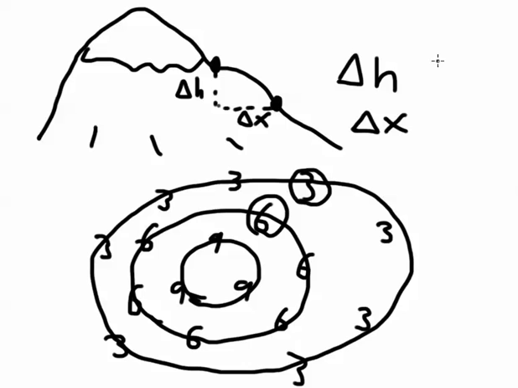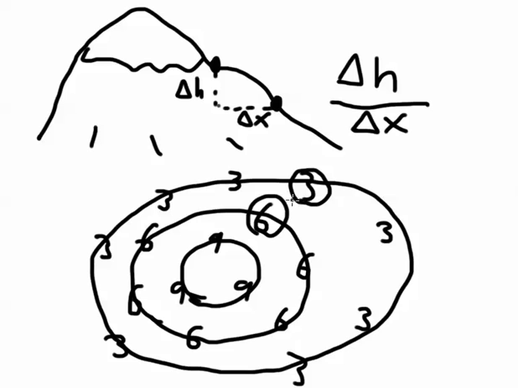And then we're going to talk about how quickly the height changes with delta X. So this is delta H divided by delta X, how quickly the height is changing relative to delta X. It's like the slope of this mountain.